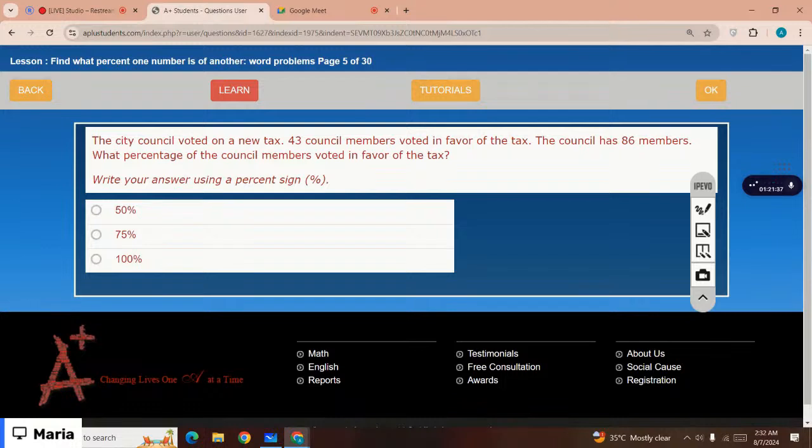The city council voted on a new tax. 43 council members voted in favor of the tax. The council has 86 members. What percentage of the council members voted in favor of the tax?